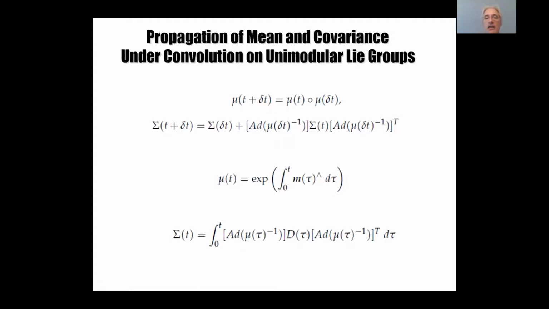Now, having said this, I didn't show you the derivation of all of these equations, but it assumes that the group is unimodular. So there's a general tool here for looking at least at small time or small diffusion. If the norm of the diffusion matrix times time is small, then this sort of approximation works extremely well. And I'll show you numerical examples.